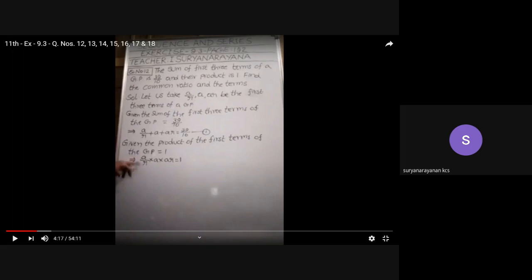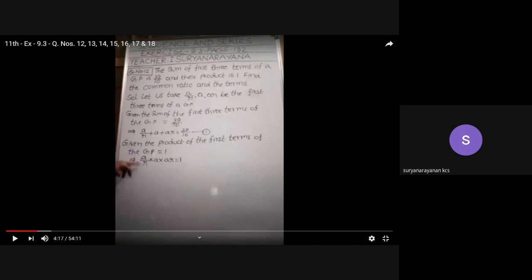Yes, so see here, my dear children, first three terms of GP is given. In the case of arithmetic progression, if you want to select three terms of arithmetic progression, how do you select? a minus d, a, a plus d. Do you remember that point, my children?